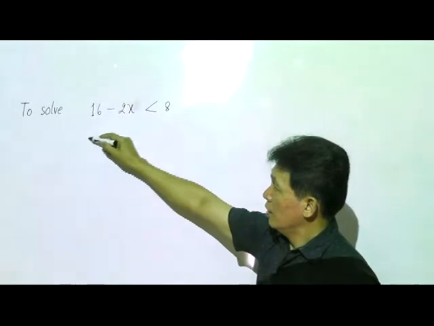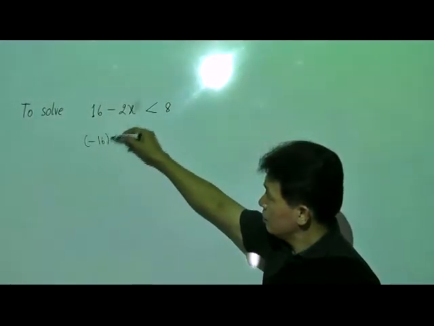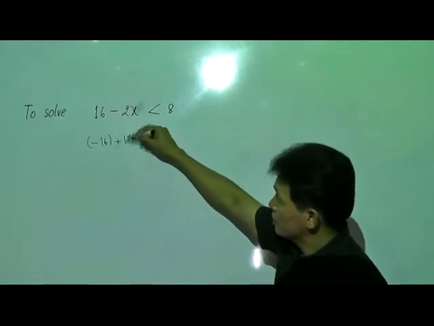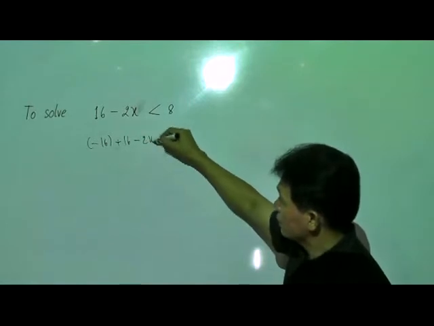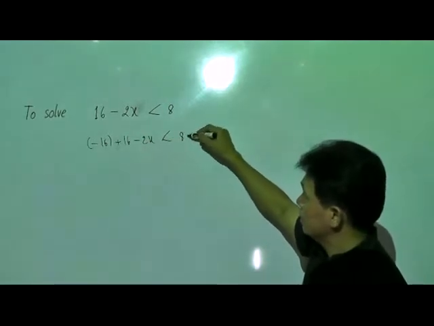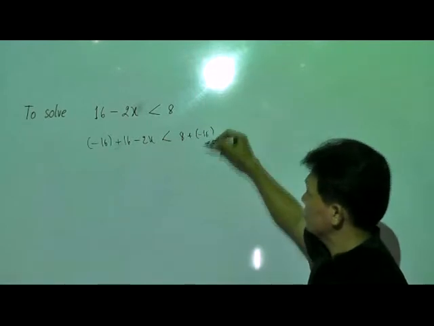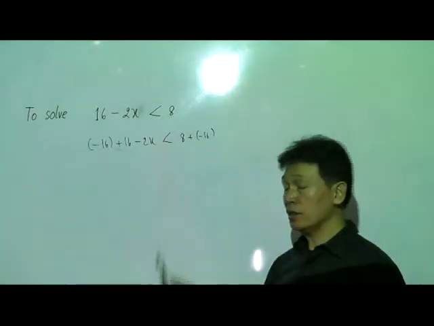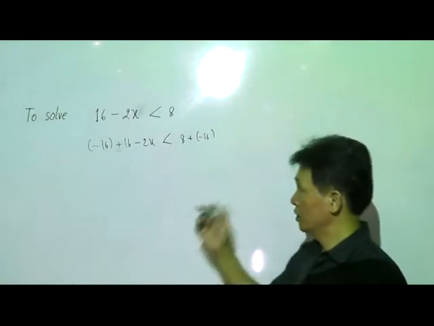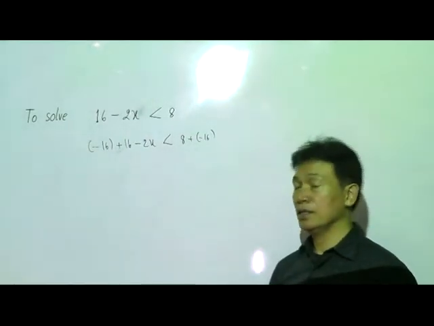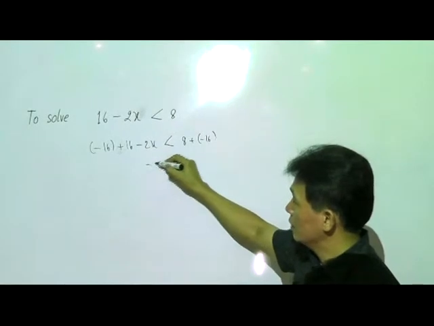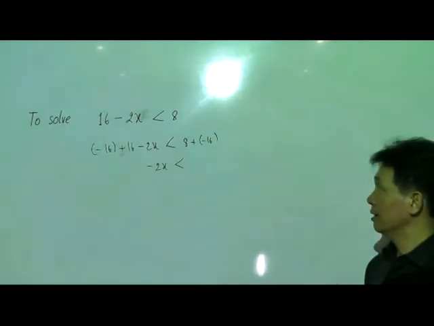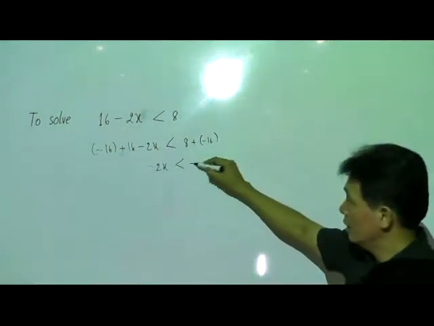We add negative 16 to both sides of this inequality: 16 minus 2x plus negative 16 is less than 8 plus negative 16. This one is 0. 0 we call the identity of addition; 0 plus a number is the number. That is, negative 2x is less than 8 plus negative 16, which is negative 8.